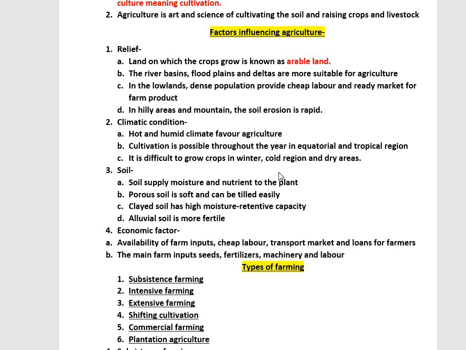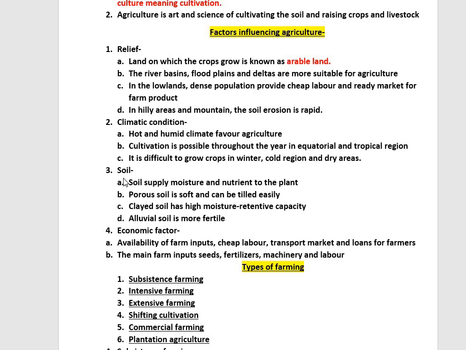Similarly, in winter and cold regions, conditions are less favorable and the temperature is too low for plant growth. So, we cannot do cultivation during the winter season, in the cold region or in the dry area.